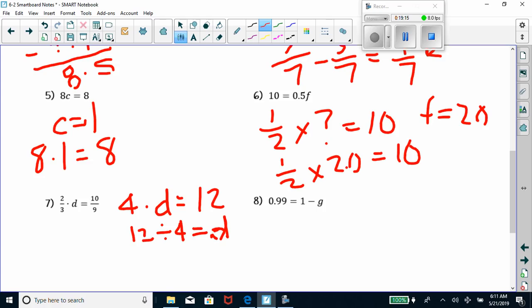Now come back to the original problem. The structure is no different. So if I want to figure out what d is using this analogy, I would do 10/9 divided by 2/3 must equal d. And for fraction division, I keep change flip, so it would be 10/9.